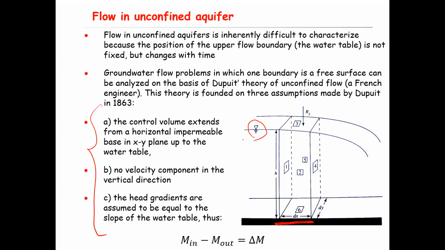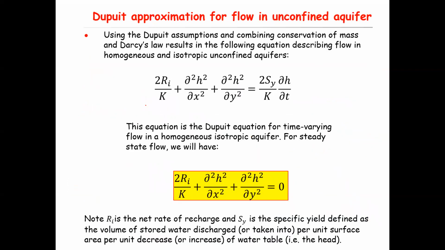Now you can apply the conservation of mass again, that is mass in minus mass out is equal to delta M. I just present the final equation, so I don't go through the derivation. You can find this derivation in almost any hydrology textbook, and I thought it's not that necessary to go through it here.